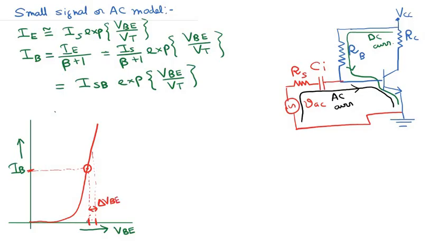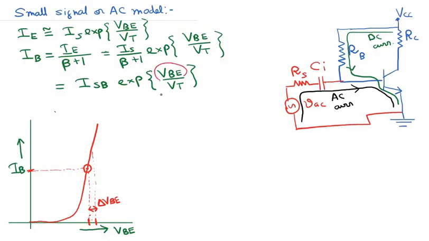So I repeat again that this point is the DC base to emitter voltage, and because the AC voltage source is superimposing on top of this DC voltage, the function of the AC voltage source is to slightly change this base to emitter voltage. Okay, because the base current depends on this base to emitter voltage.